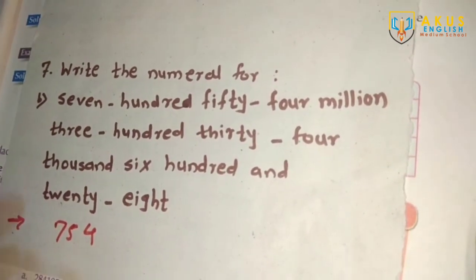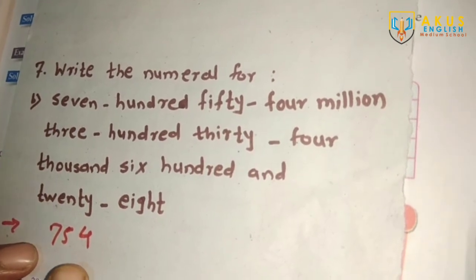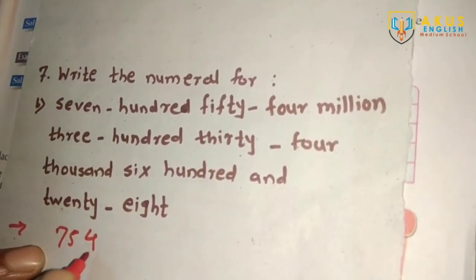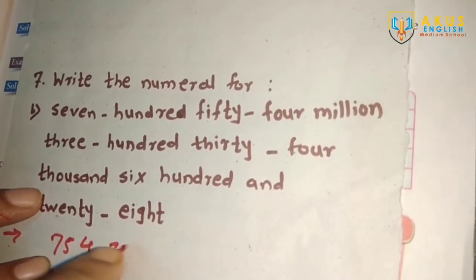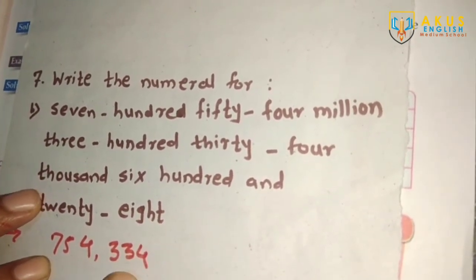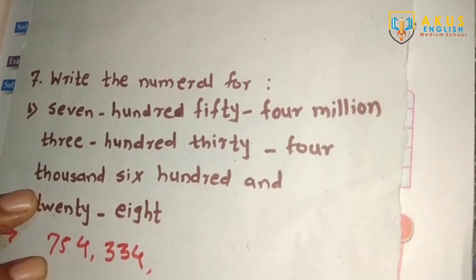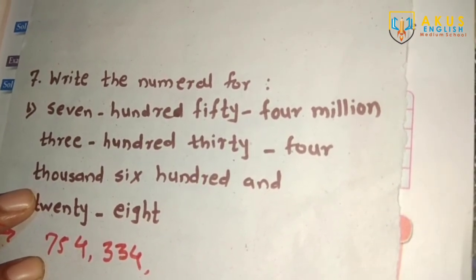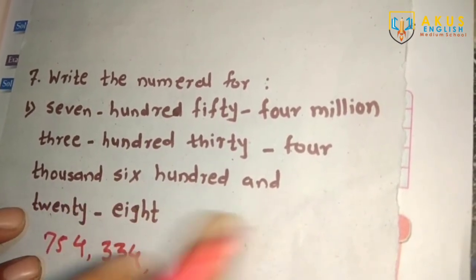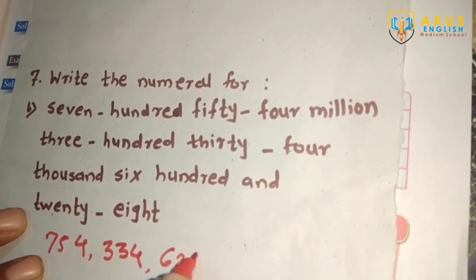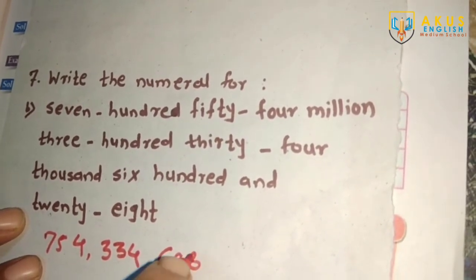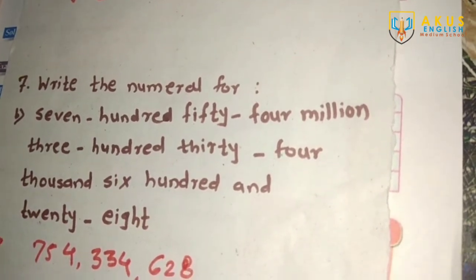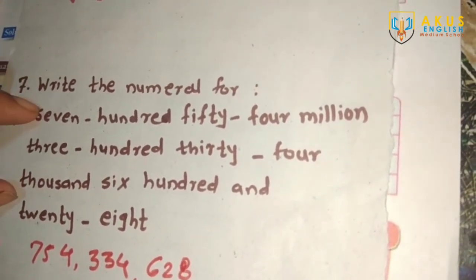That means here the period of millions finishes. Then 334,000. Here the period of 1000 is completed. And 628. So this is the numeral for the given number name.